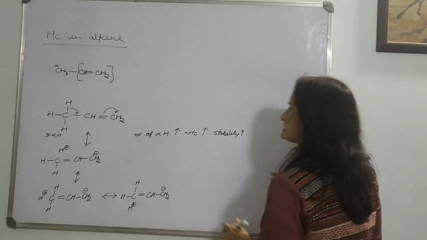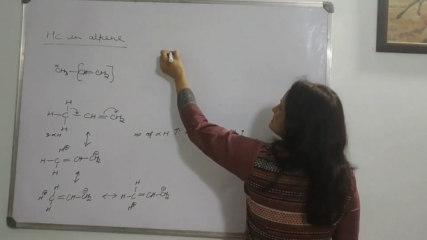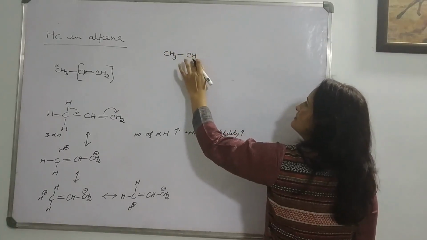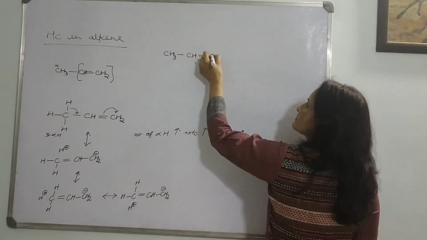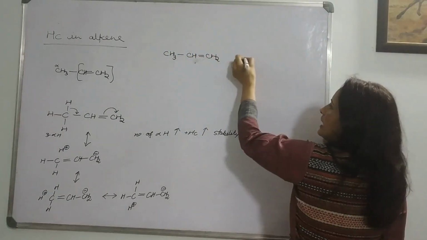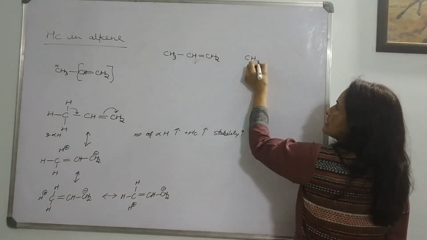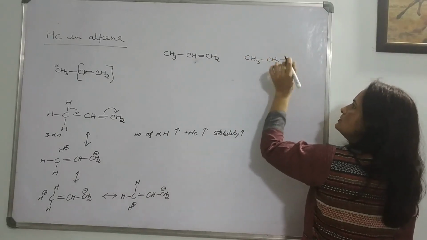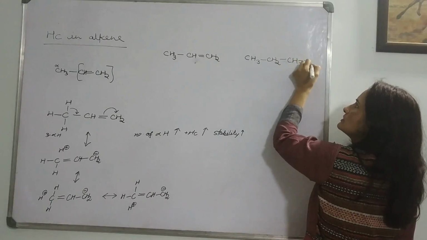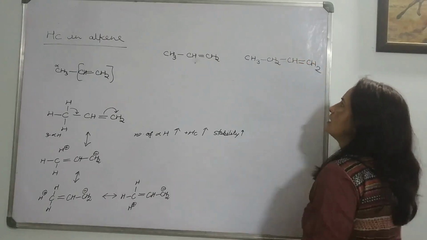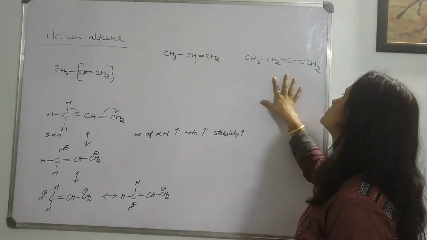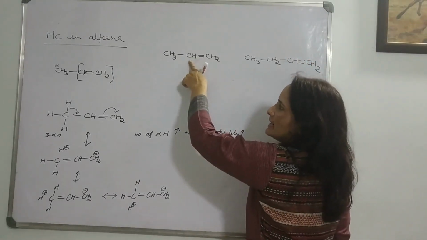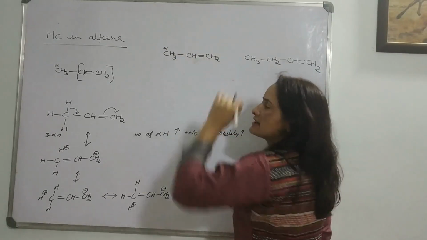Let's take a few more examples for comparison. Like this is your alkene. Another alkene I am taking like CH3, CH2, double bond CH2, CH, double bond CH2. Which of the following alkenes is more stable? With respect to this alkene system, this is the alpha carbon.